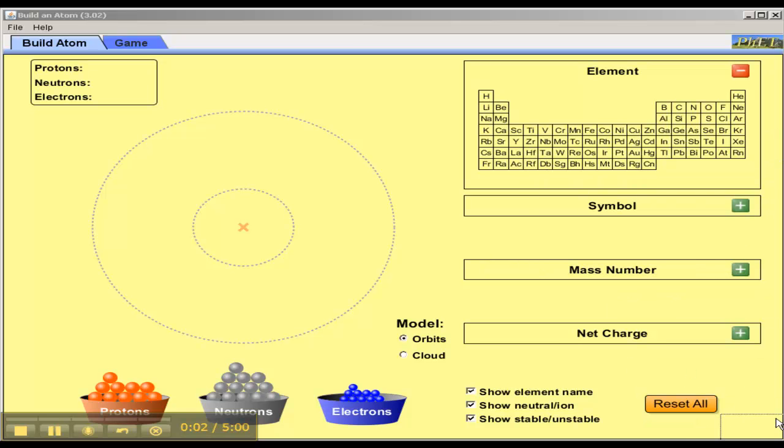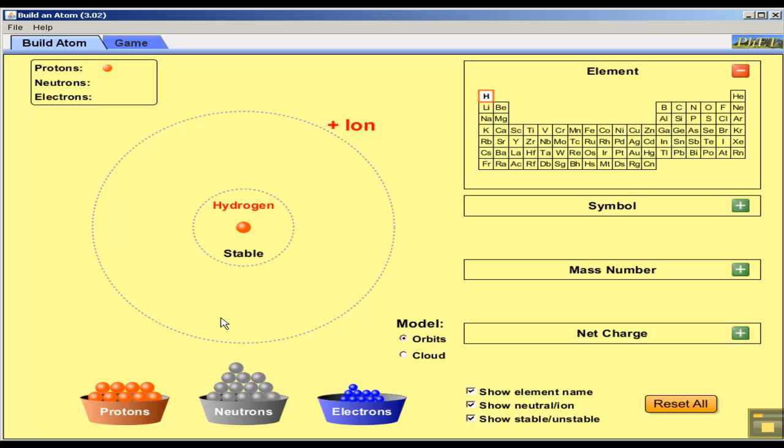Now, this is a computer simulation. That is one of your tic-tac-toe squares in your tic-tac-toe board. It's called Build an Atom. And what we can do is we can see what happens when we take a proton and we add that here. We have hydrogen. Okay, so on the periodic table, there's hydrogen.